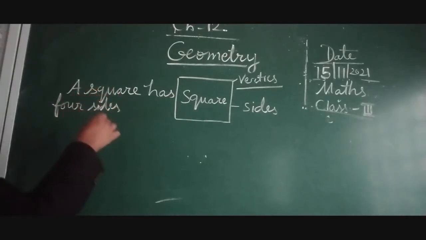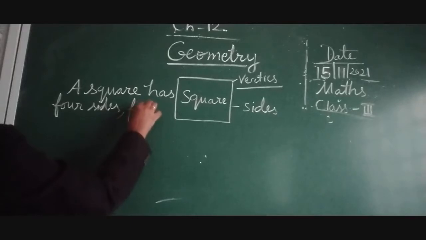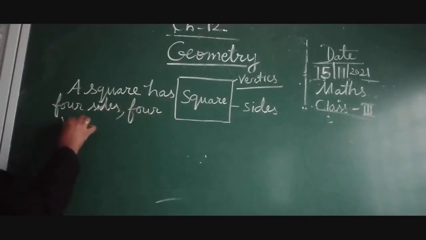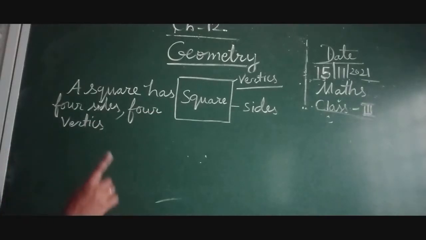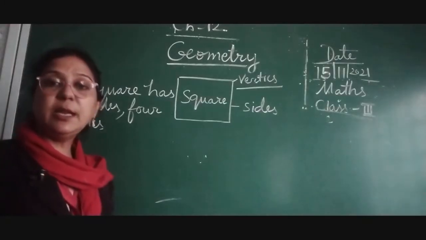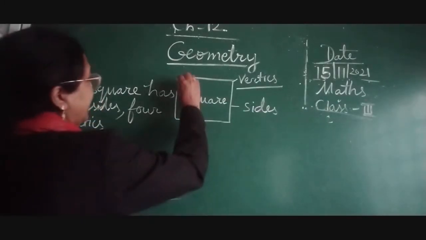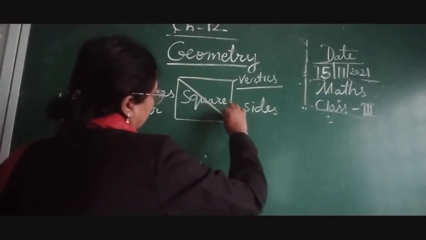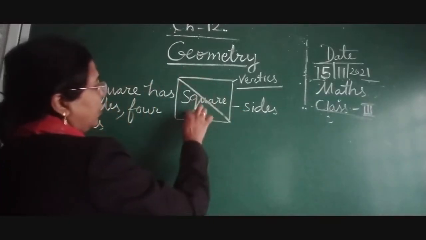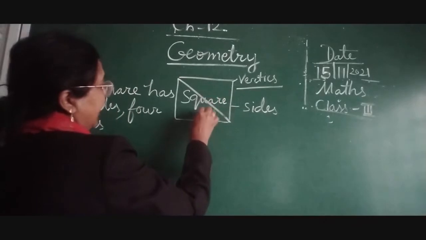Okay, 4 vertex. Okay, there are 4 sides, 4 vertex and 2 diagonals. How can we see this diagonal? So if we divide this square in 2 equal parts, this is called diagonal.